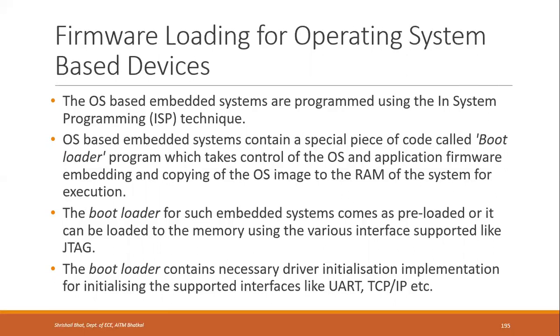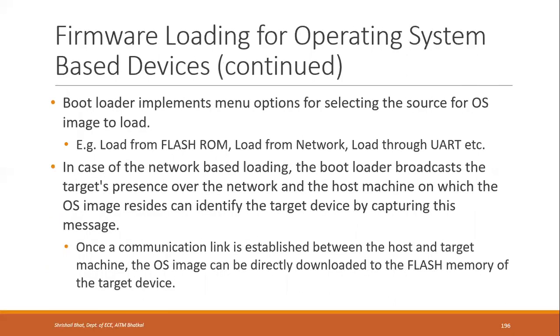The bootloader for such embedded systems comes preloaded. It will be already inbuilt, or it can be loaded to the memory using the various interfaces supported like JTAG. This bootloader contains necessary drivers for supported interfaces like UART, TCP/IP, etc. The bootloader implements menu options for selecting the source for the OS image to load.